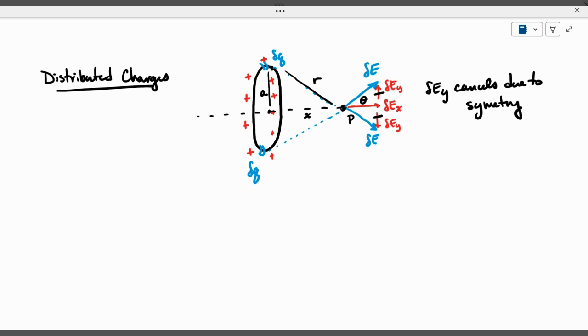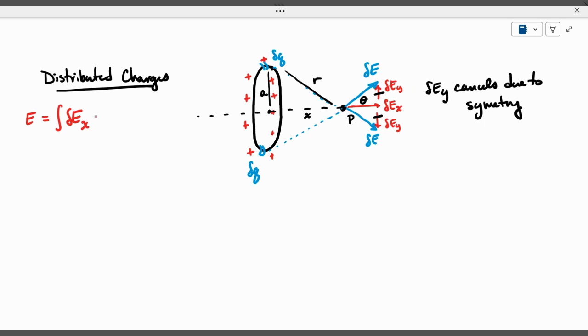Okay, so let's start seeing what we can see to find the overall electric field. So the electric field is equal to the sum of all the pieces of the electric field. Now, in this case, the only piece that matters is the X piece.